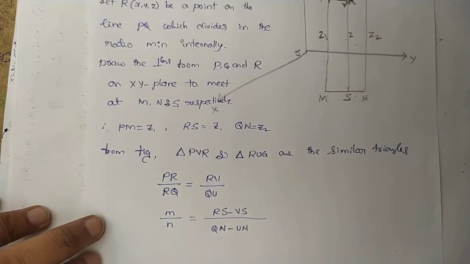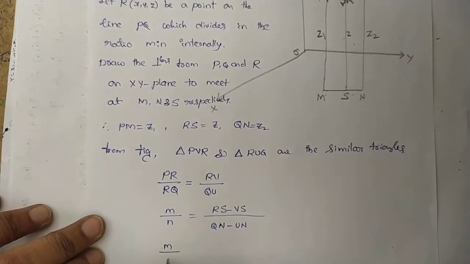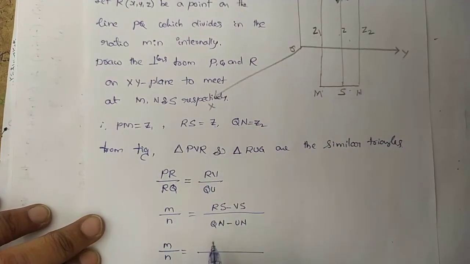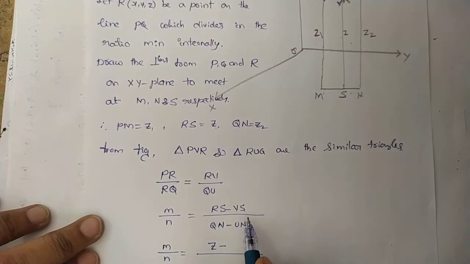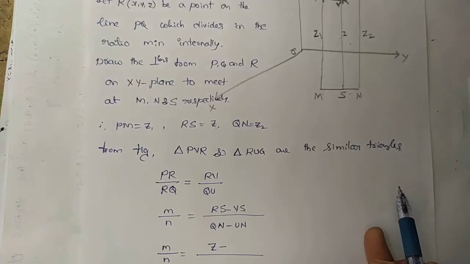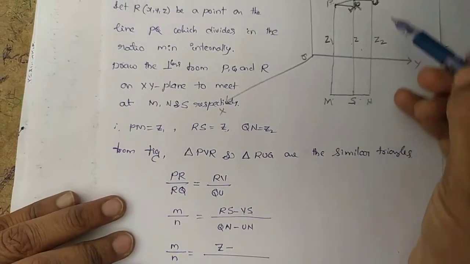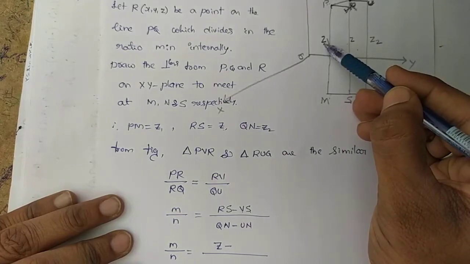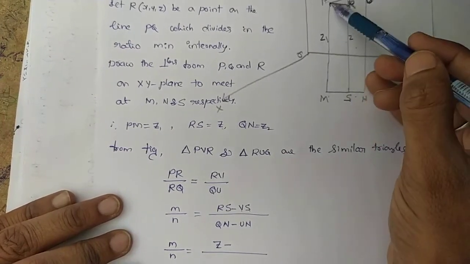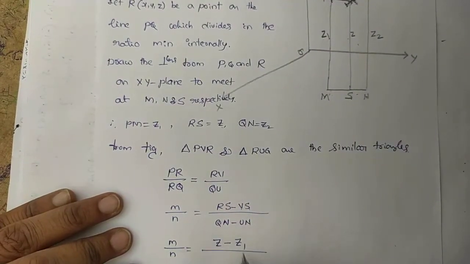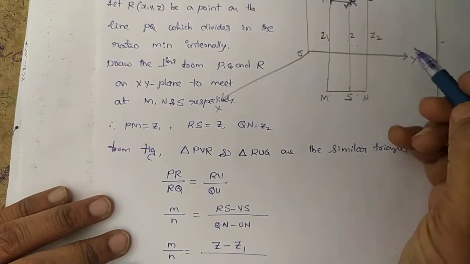Okay, now m divided by n equals RS minus VS over QN minus UN. RS is z, and VS from the figure is equal to PM, which is z1.